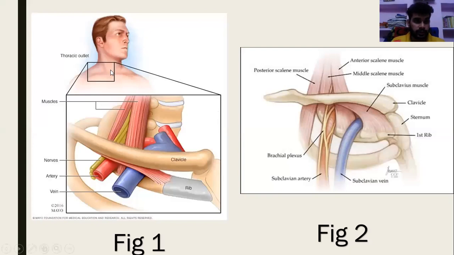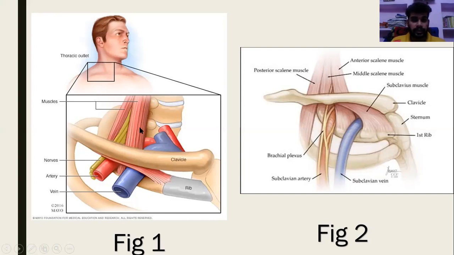Now, we see this thoracic outlet space. In this area, thoracic outlet syndrome occurs. That is clearly shown in figure 1. We know that when there is compression of the neurovascular bundle, thoracic outlet syndrome occurs.